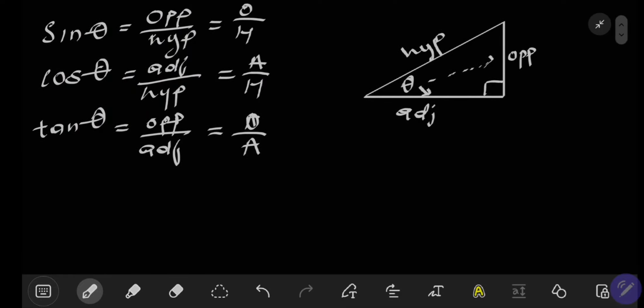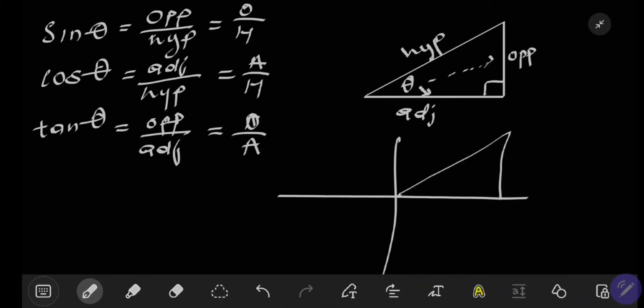If we put this on a Cartesian plane, we're going to have our theta here, and these are our x-axis, then going up, these are our y-axis, and this is our r, our radius.